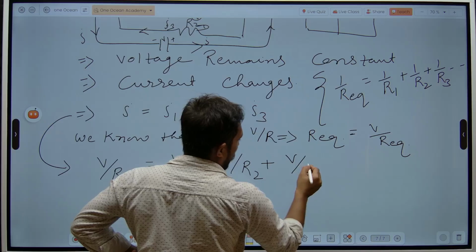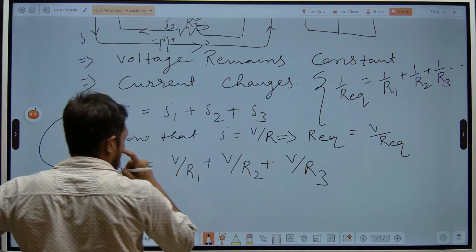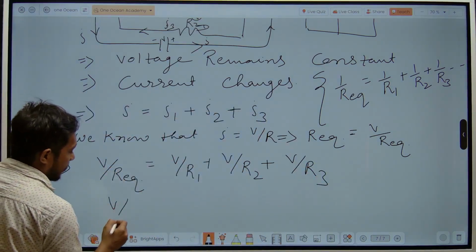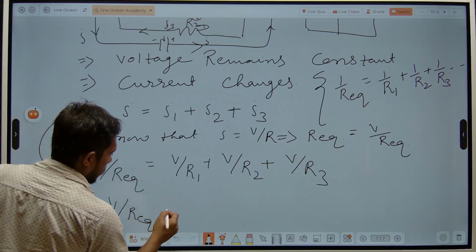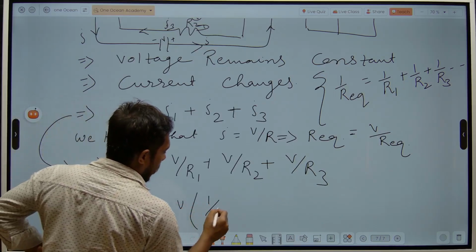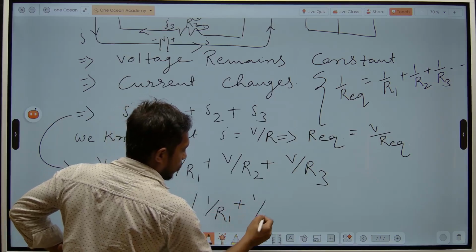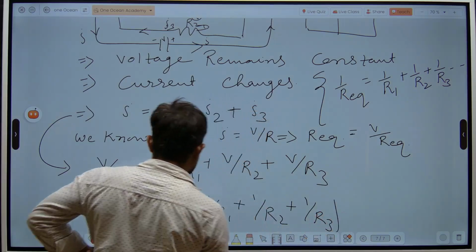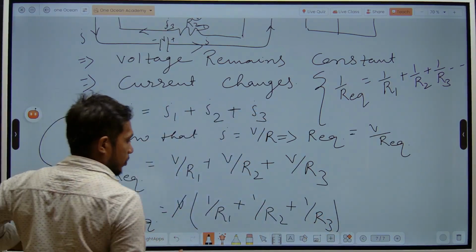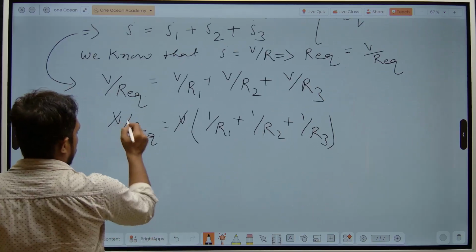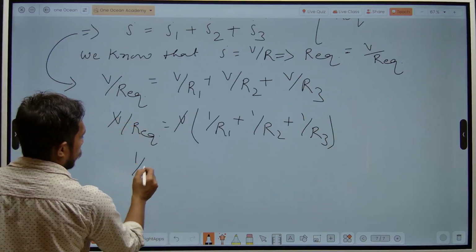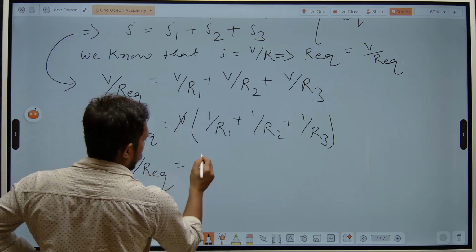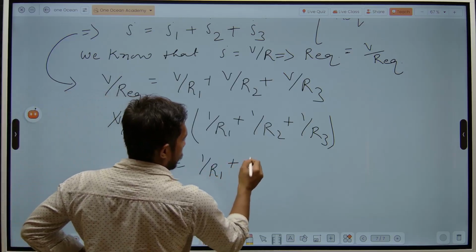Now, taking V common from each and every side, it becomes what? 1 upon R1 plus 1 upon R2 plus 1 upon R3. Now, cancel out the V from both sides, and what remains is nothing but 1. So, 1 upon R equivalent is equal to 1 upon R1 plus 1 upon R2 plus 1 upon R3.